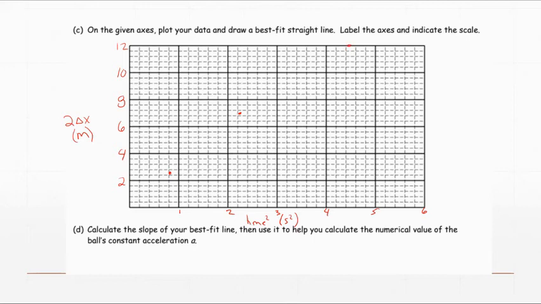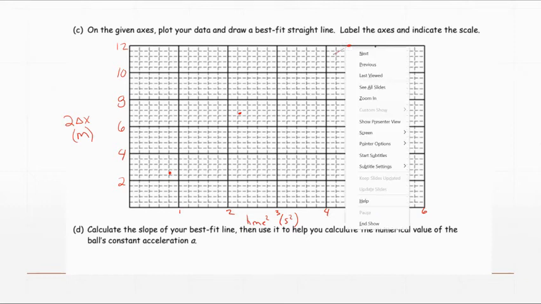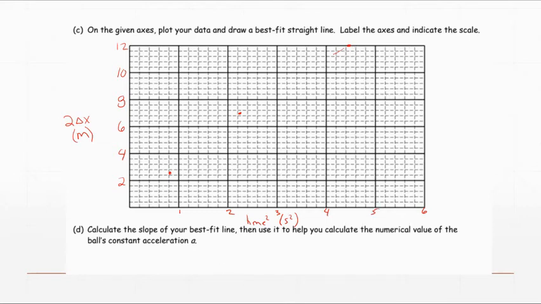And then when I end up finding my best fit line, I actually ended up bringing mine through 0. And when I find the slope of my line, I could even take this point right here.